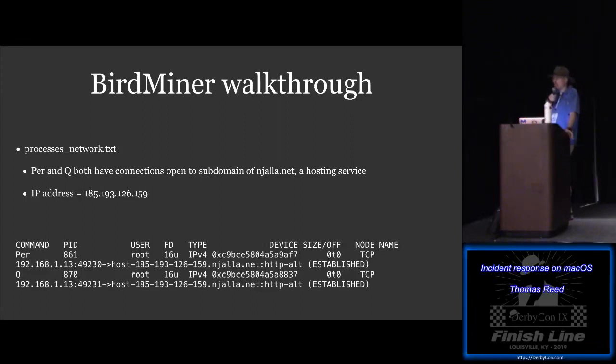I'm not sure if it's a legit hosting service that was being abused, or if it was totally malicious from the start. But we can see the domain name and we can see the IP address. The IP address is actually listed there, but if you don't trust that, you can just do a lookup and find that's actually the correct IP address.